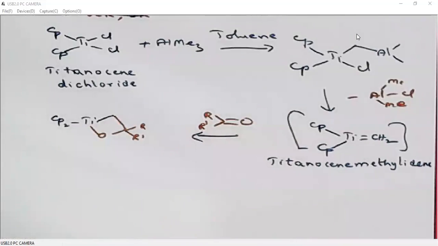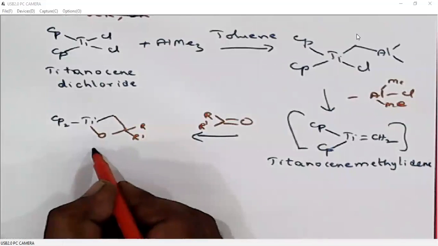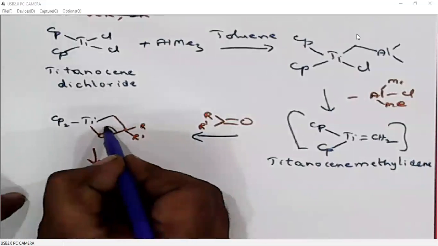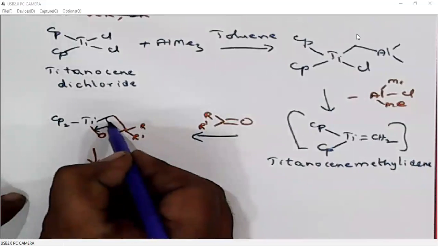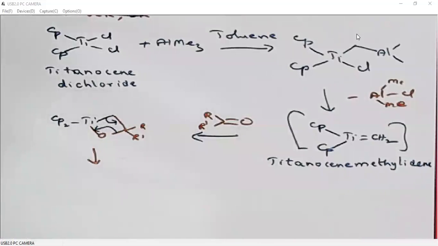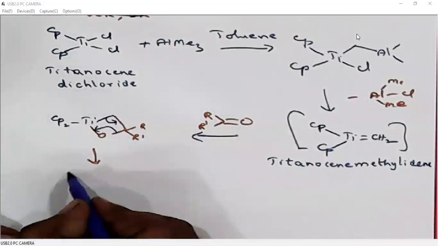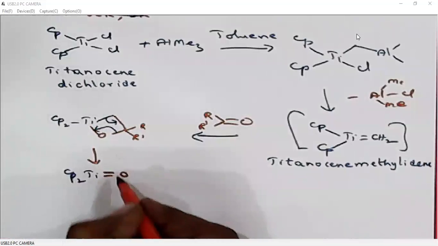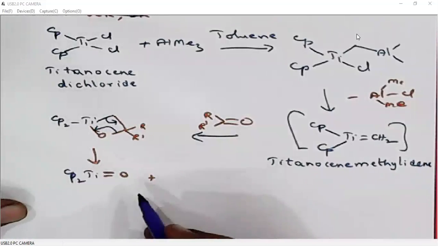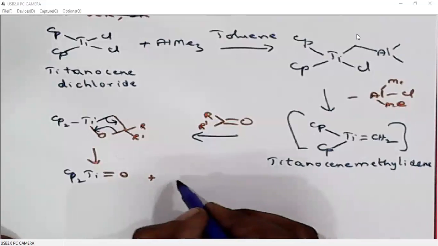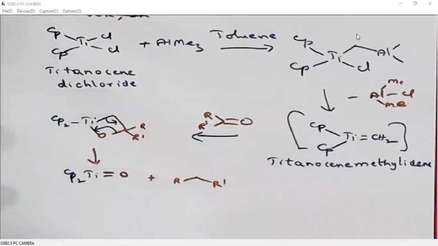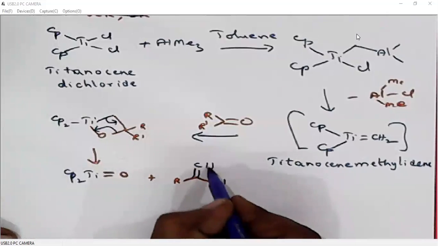This generates a 4-membered ring. Then this 4-membered ring will undergo a 2+2 cycloreversion in such a way that oxygen will leave with titanium and the methylidene will leave with the carbonyl carbon. So we are generating titanium oxide plus CH2.